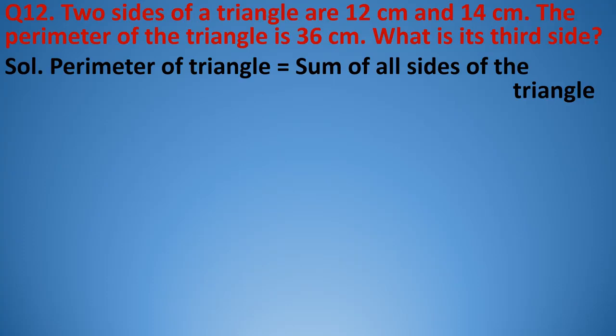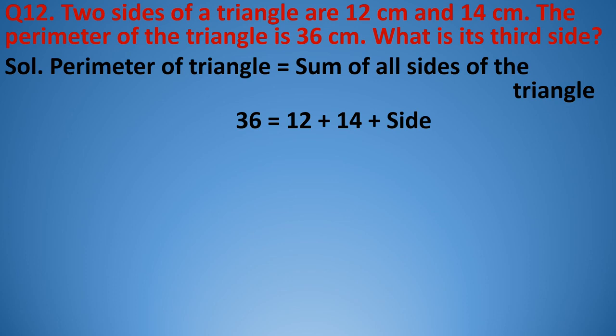So in place of two sides we are writing 12 plus 14. And it is given to us that perimeter of the triangle is 36 centimeter. In place of that we have written 36 centimeter. Third side we have to find out. In place of third side you will write down side only, because that side you have to find out.